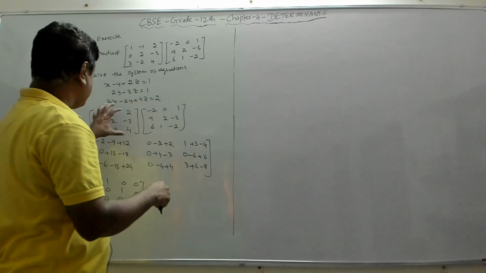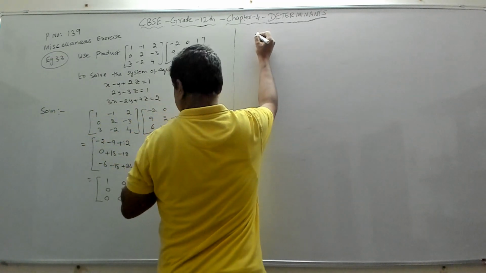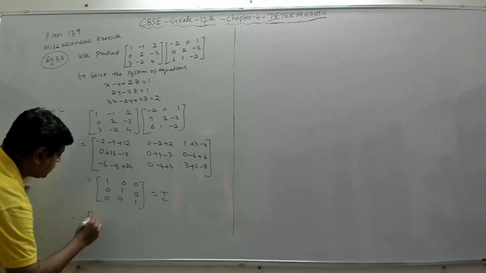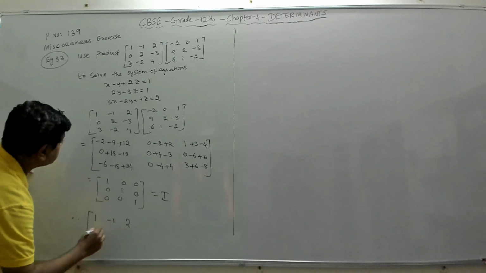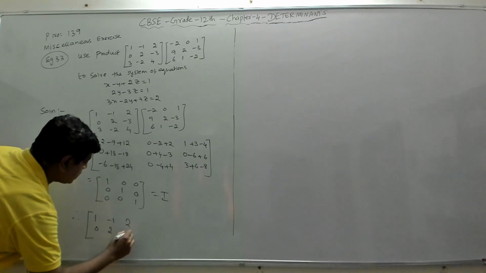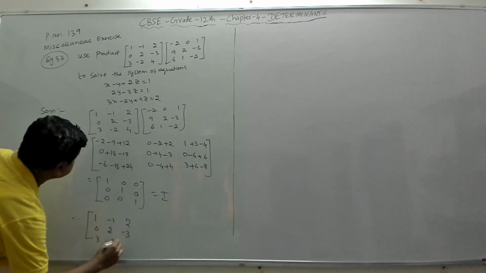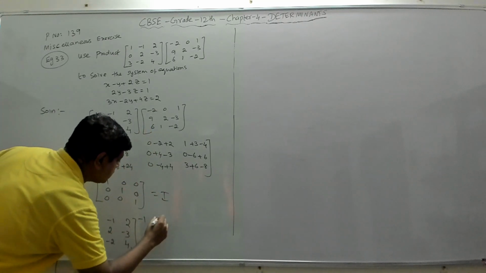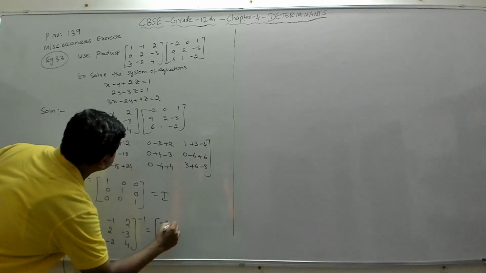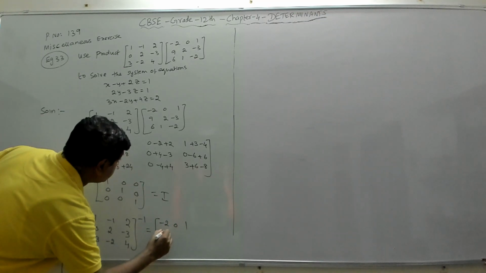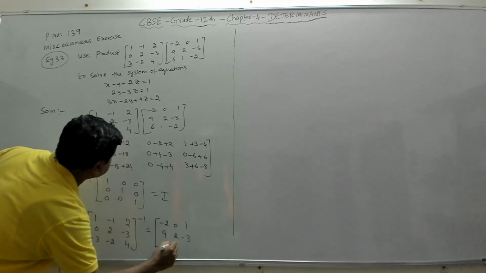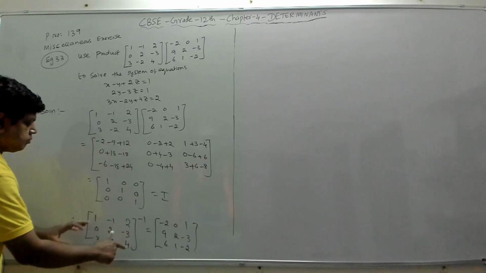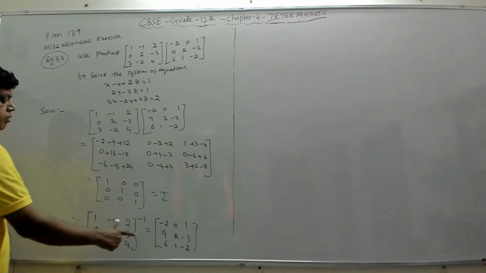Therefore, the inverse of the matrix 1 minus 1 2, 0 2 minus 3, 3 minus 2 4 is equal to the matrix minus 2 0 1, 9 2 minus 3, 6 1 minus 2.